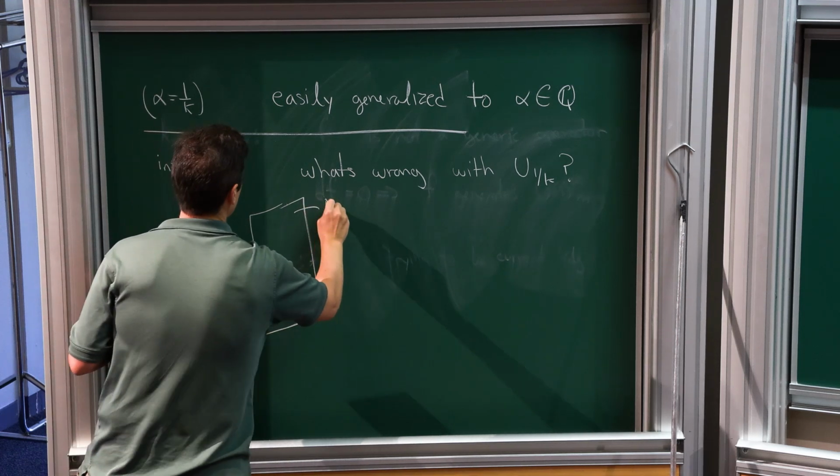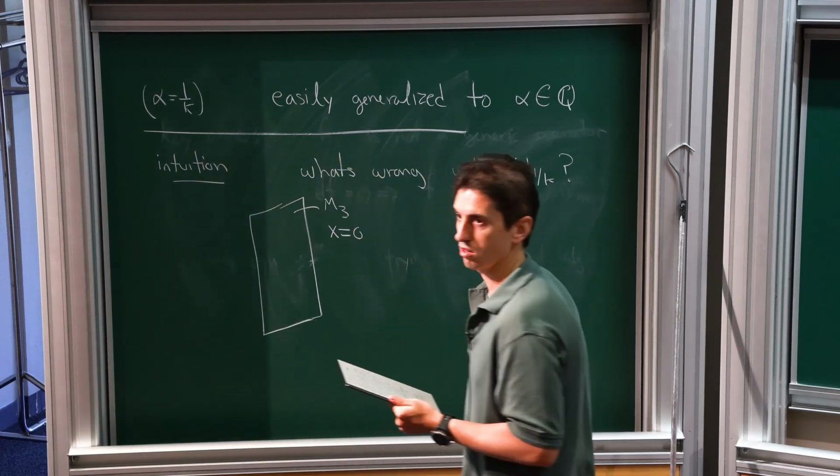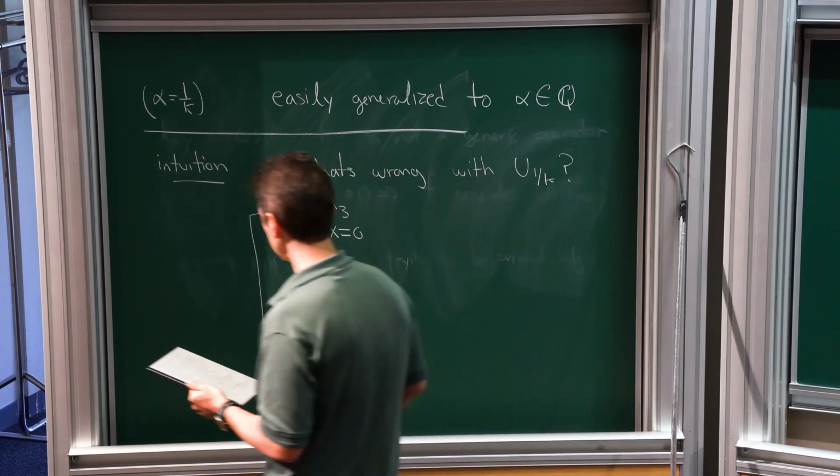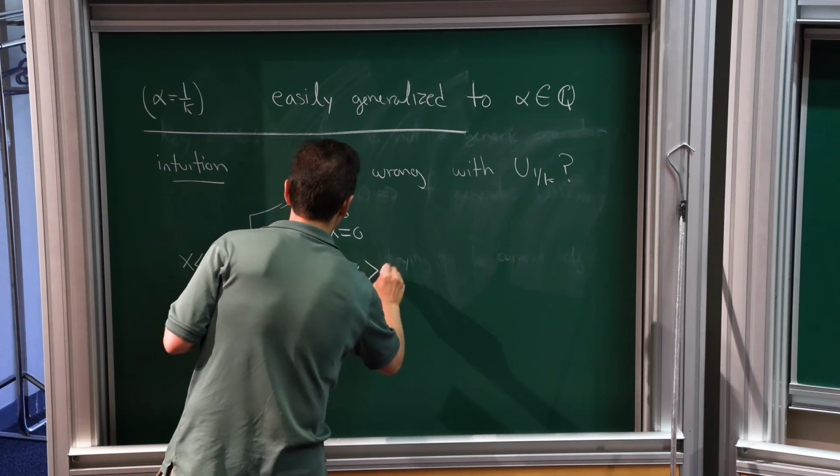Here's our M3, which I'll take to be just the locus where x is 0, some coordinate direction x is 0. Here's x less than 0, and here's x greater than 0.